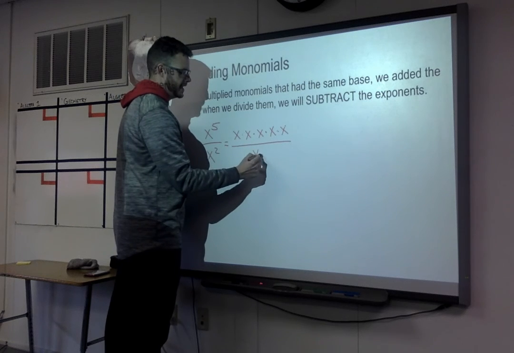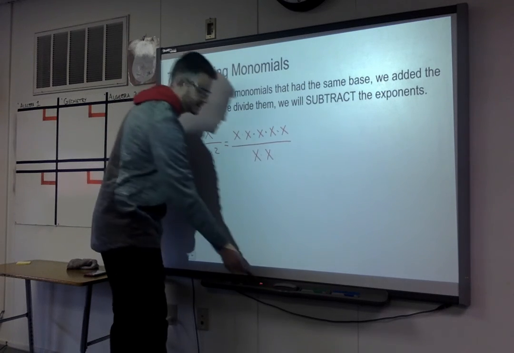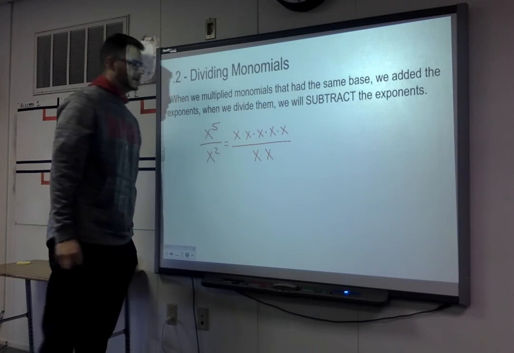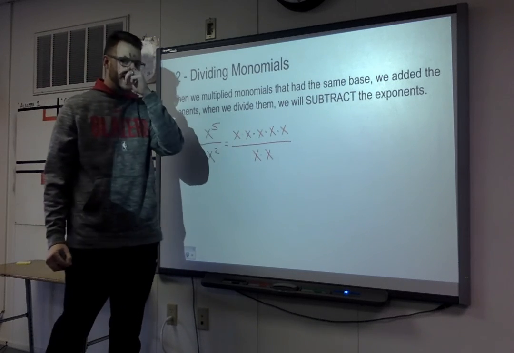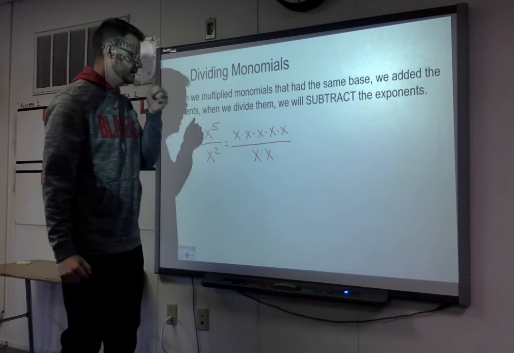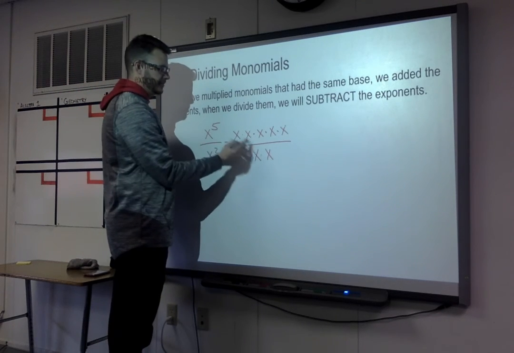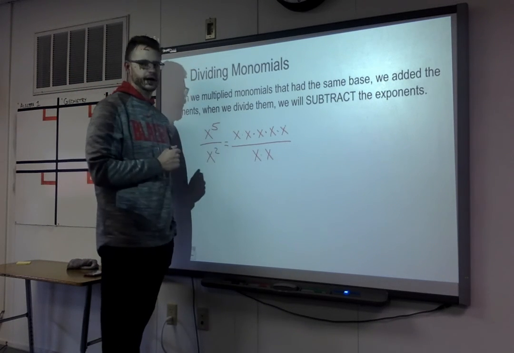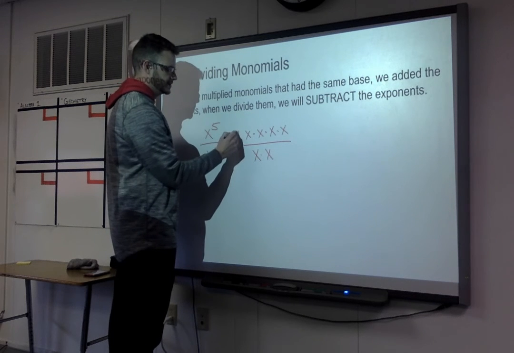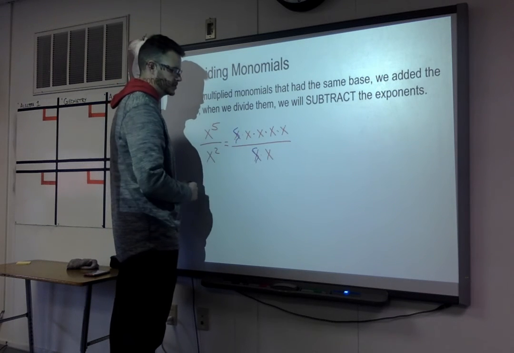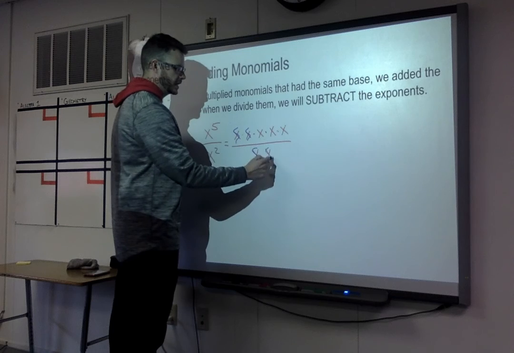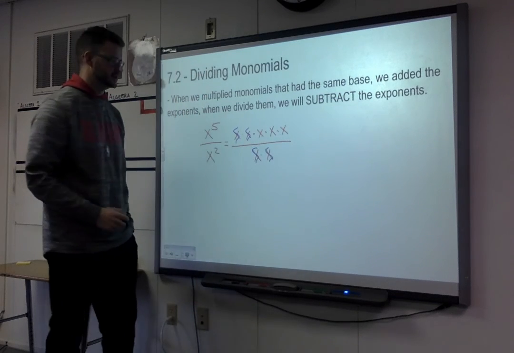Then we're dividing by x squared, or x times x. Now, if we look at this, it's kind of like a fraction here, and we know that we can simplify our fractions. If we have something that shows up in the numerator and the denominator, it cancels out. So this x cancels with that x. We can cancel out 2 of those x's.